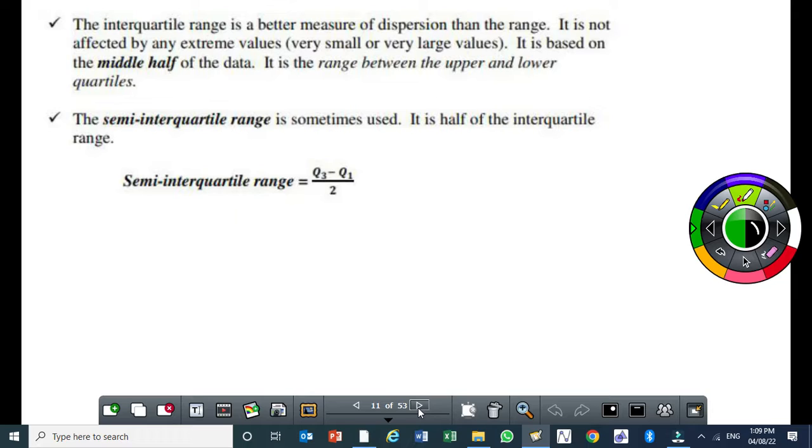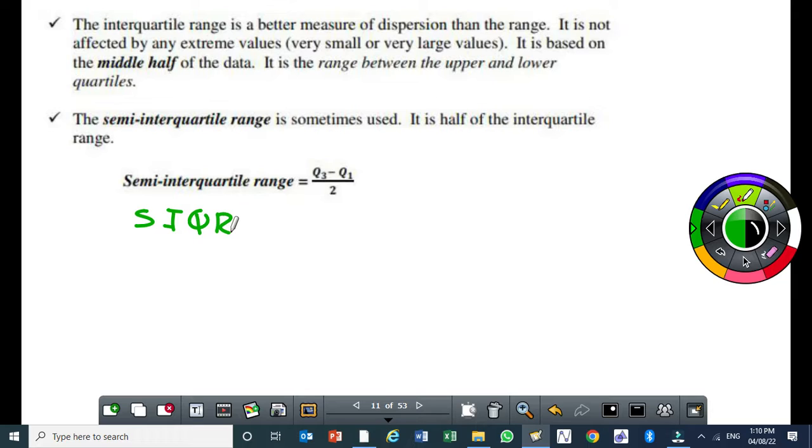Now, we also have a sister of the interquartile range, or a brother, if you want to call it that. It's called the semi-interquartile range. The semi-interquartile range is just the average of the difference between Q3 and Q1. So Q3 minus Q1, if you divide that answer by 2, you get the semi-interquartile range, SIQR.